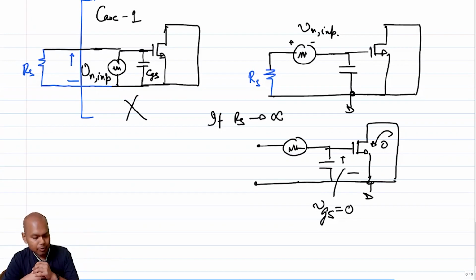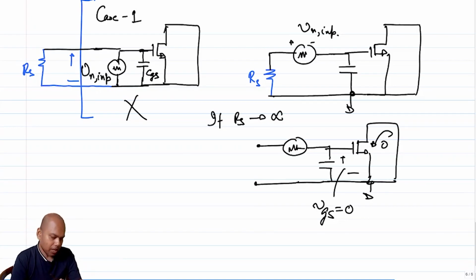If I model my equivalent noise input as the one that I have shown on the right, then clearly if RS tends to infinity, we have a problem because it is not able to model the output noise. The output noise is going to 0. Why should a transistor care whether the RS is infinite or not? It has its noise and it should always come out. So this clearly seems to be a problem also.